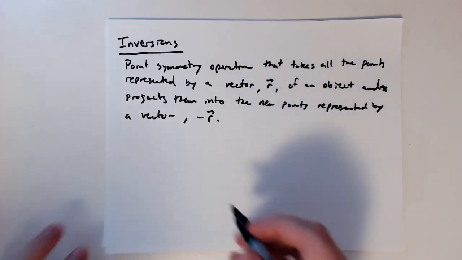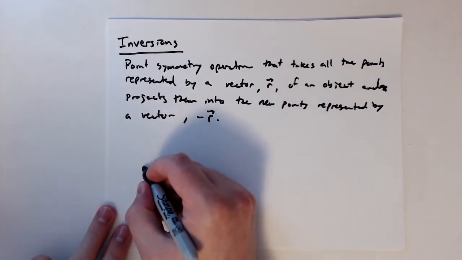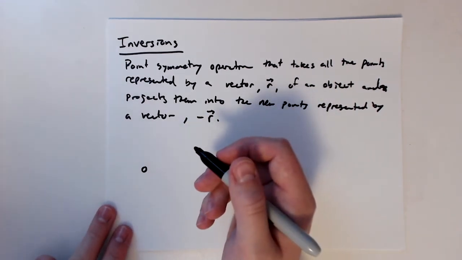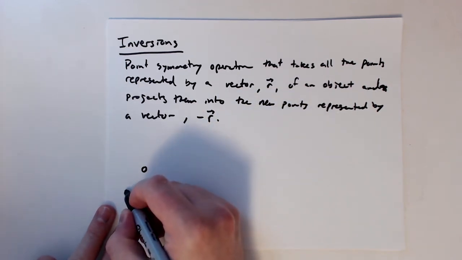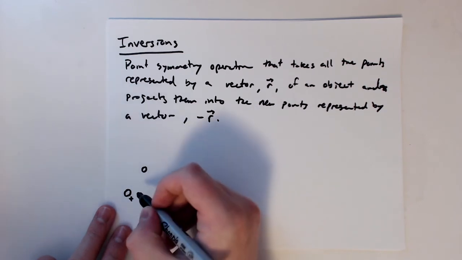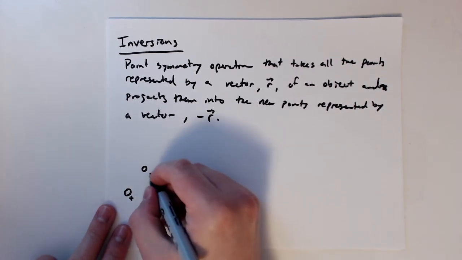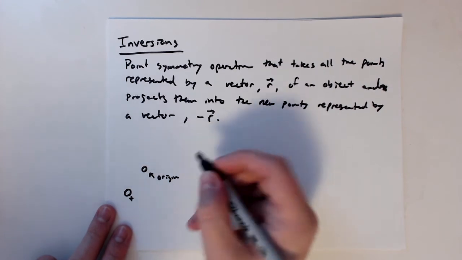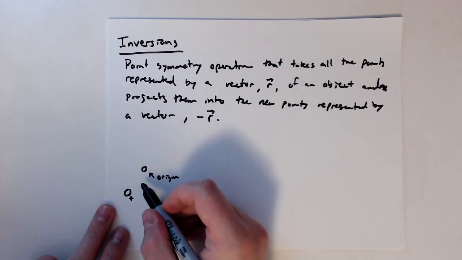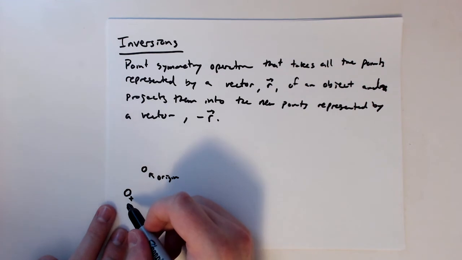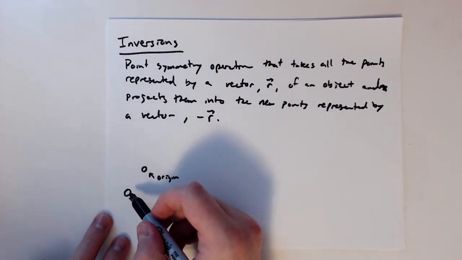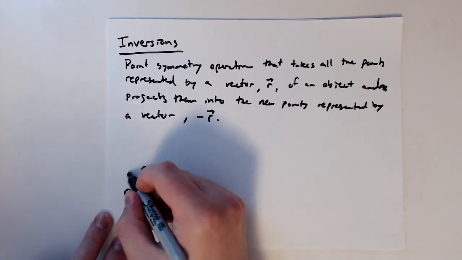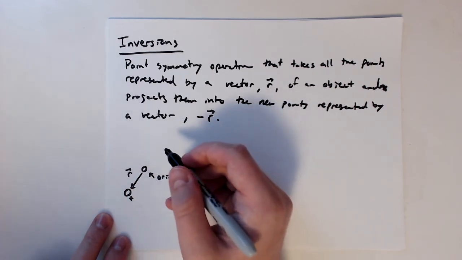And so what that's going to look like is if I have an origin here in the center, right, of my space, and I have an object represented here. So this is the origin. So I've represented it as an open circle, and I have an object. It's above the plane of the paper, right? So now if I invert that point, it's like saying I'm taking this vector R and making a negative vector.